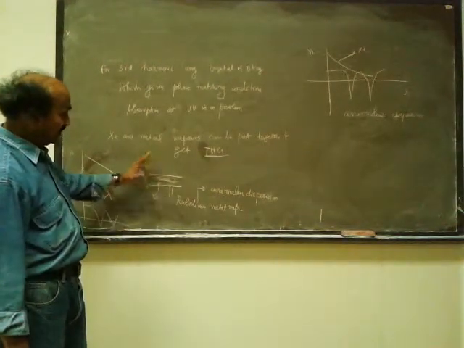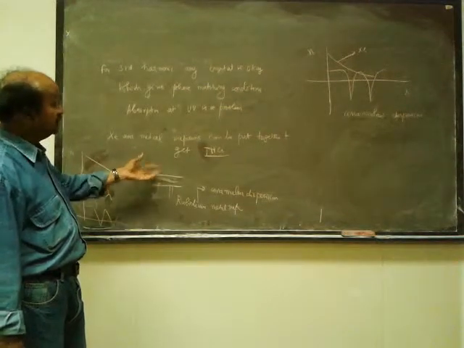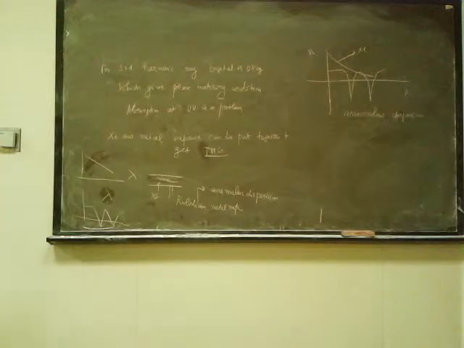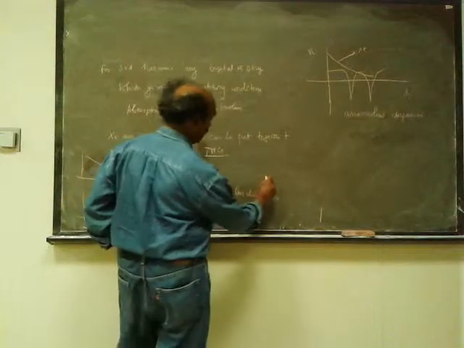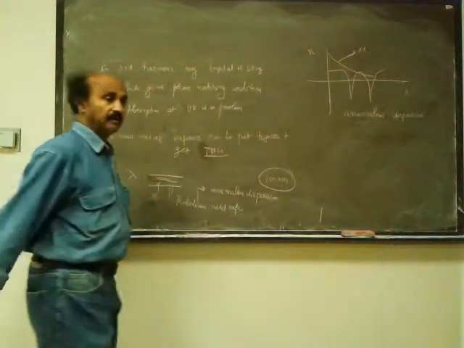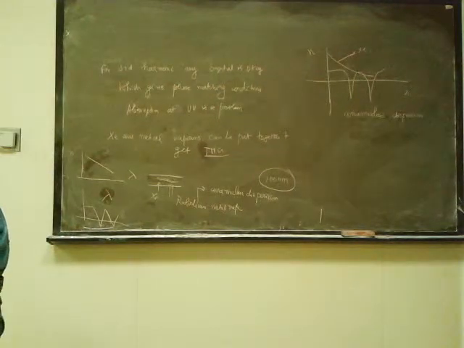Since this can be easily adjusted, this is a very convenient method of producing third harmonic generation deep into ultraviolet. In this way, people have gone up to 100 nanometers.